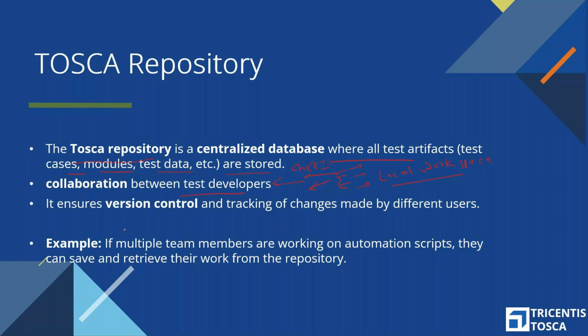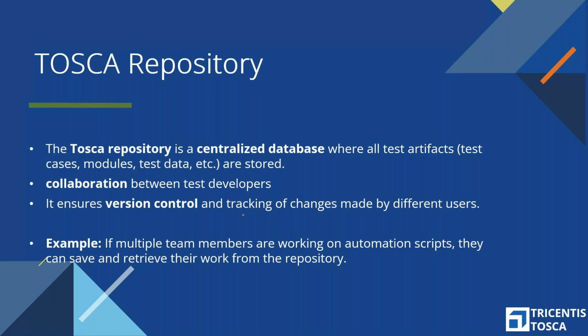In the Tosca repository, if something goes wrong, version control is also maintained. If you want to revert to a specific version of our workspace that we feel was more stable, we can just revert to the previous version. So tracking and version control are taken care of by the repository.